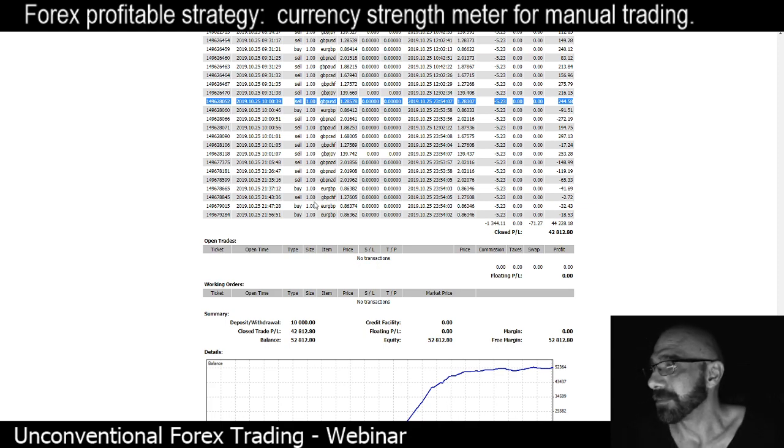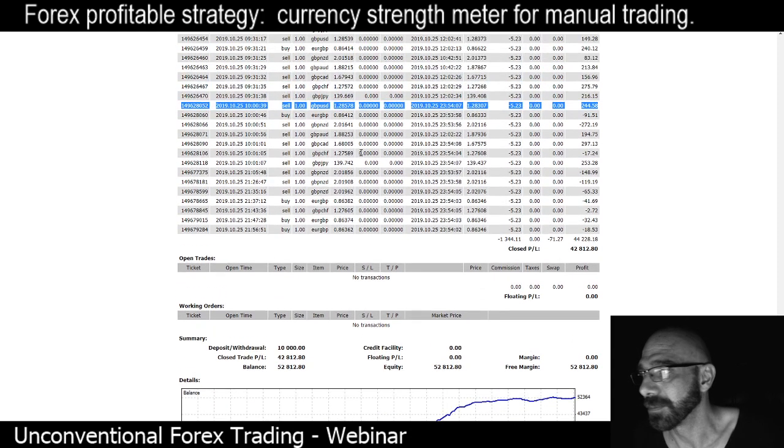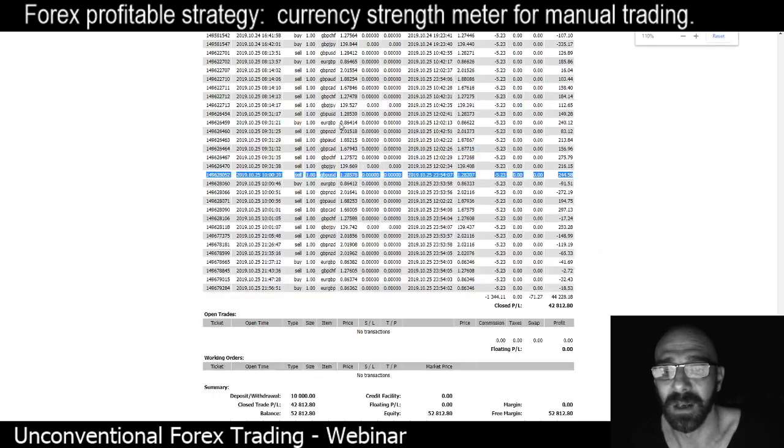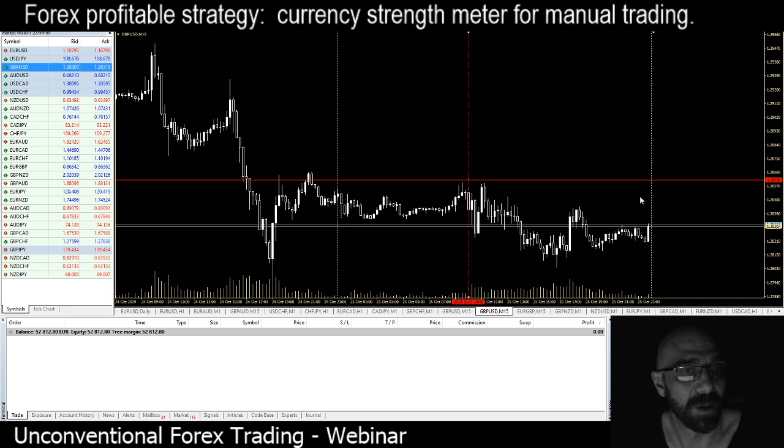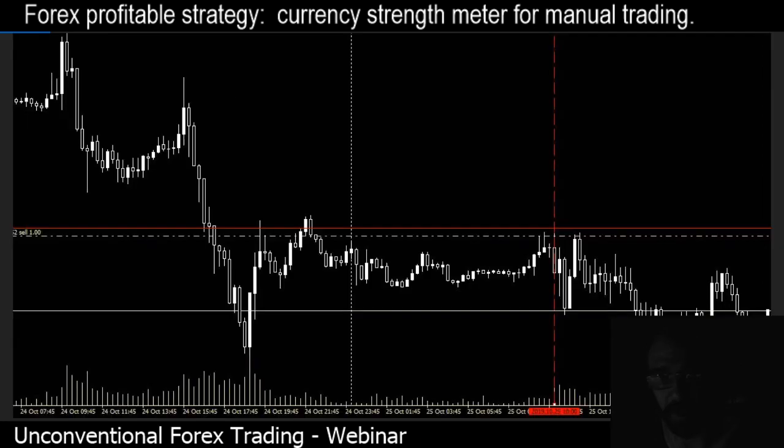So at 10 a.m., 1 lot GBP, sell, not buy, like the automation, at around 1.28578. This line is a little bit above. Let me show you in a picture.